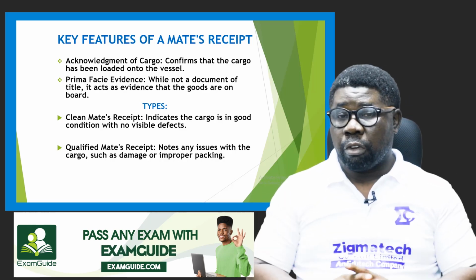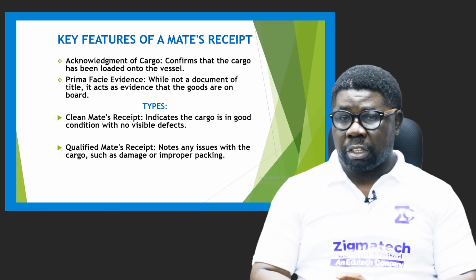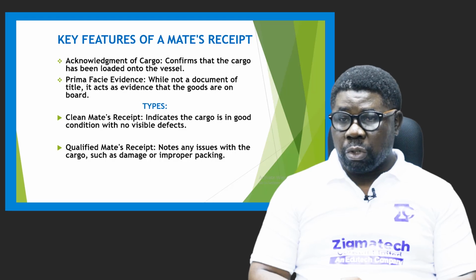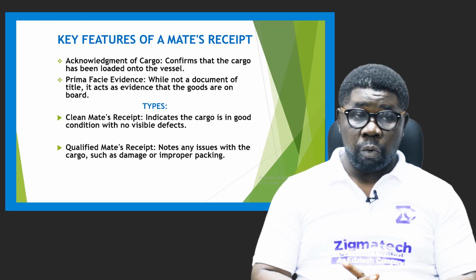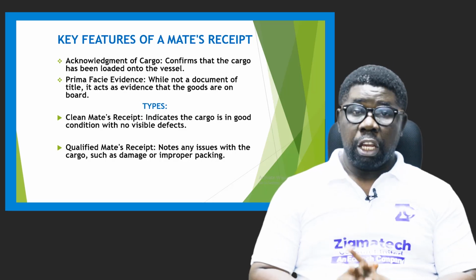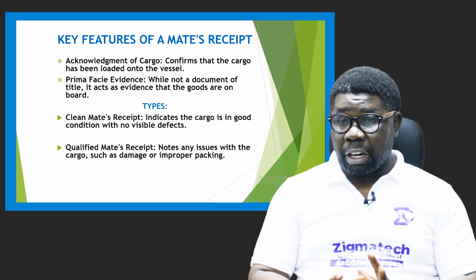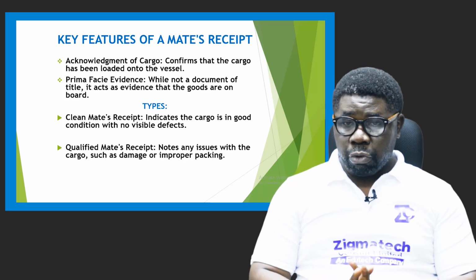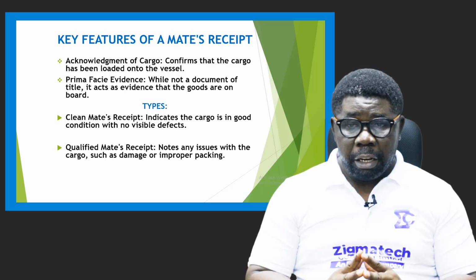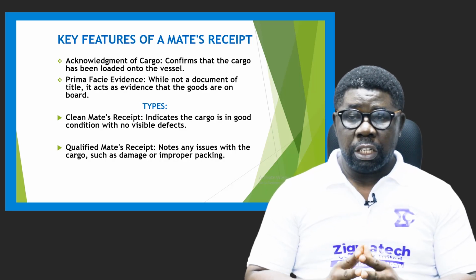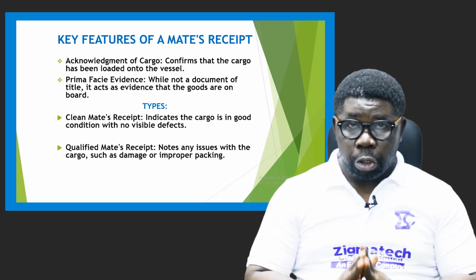So we have 2 types of mate's receipts. We have a clean mate's receipt. This indicates that the goods are in good condition with no visible defects, just like you have in a bill of lading. It's not exactly the same thing, but you have 2 types of mate's receipt. The clean mate's receipt shows that there's no damage to the goods in my possession as a ship officer.